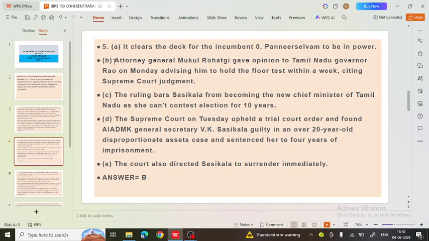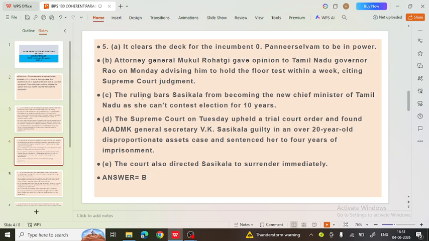Then second statement. Attorney General Mukul Rohatgi gave opinion to Tamil Nadu Governor Rao on Monday, advising him to hold the floor test within a week, citing the Supreme Court judgment.